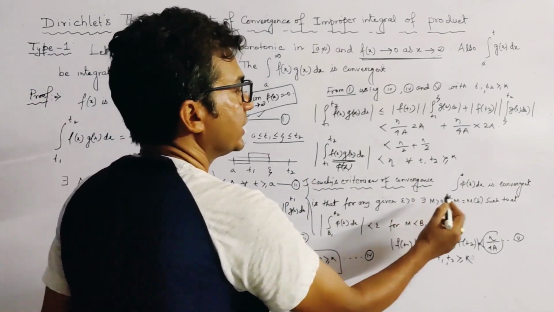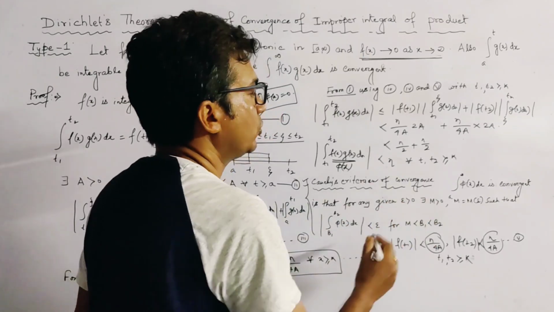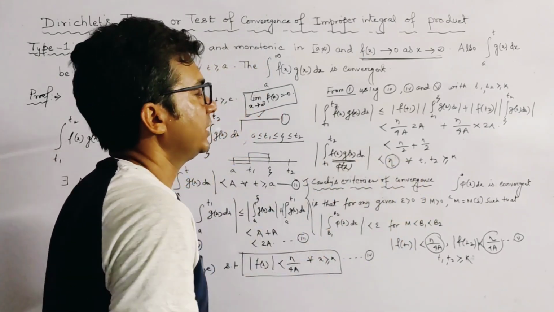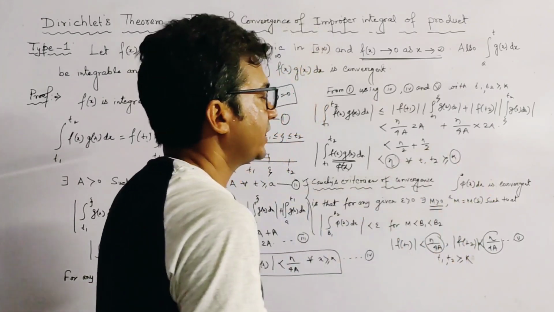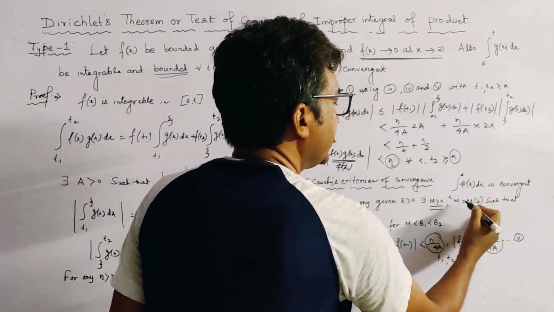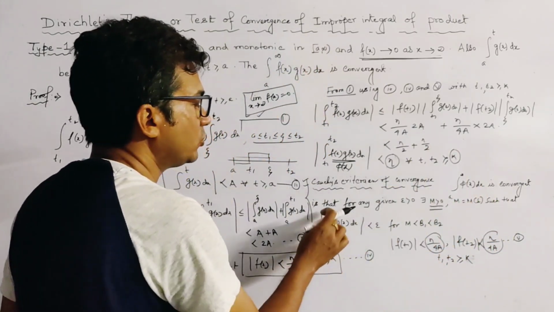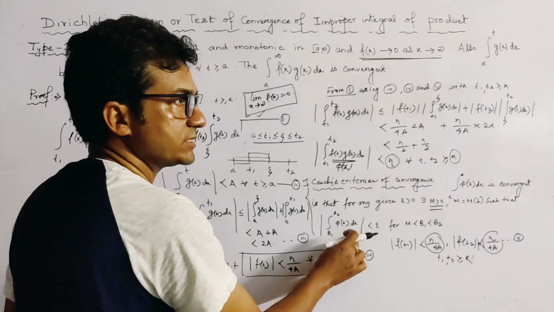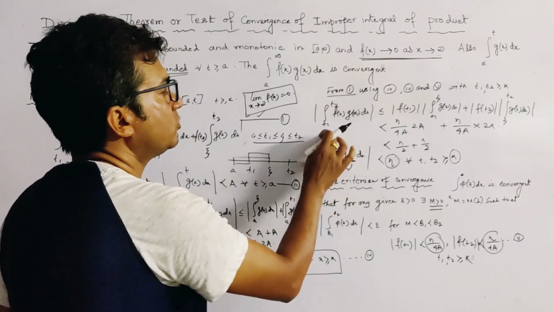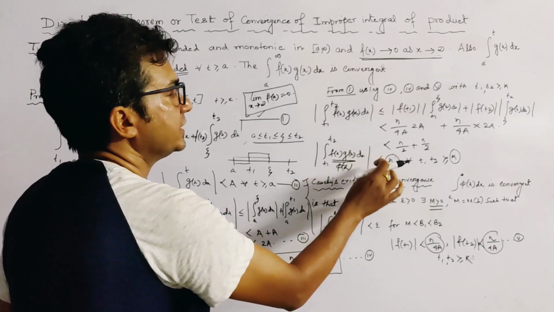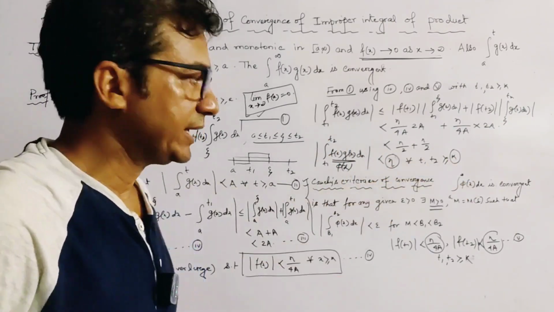It is convergent if for given epsilon greater than 0, there is an m, here this is k, and m depends only on epsilon, such that mod of integration b1 to b2 phi(x) dx is less than epsilon, that is integration t1 to t2 f(x) g(x) dx is less than eta for all t1, t2 greater than or equal to k.